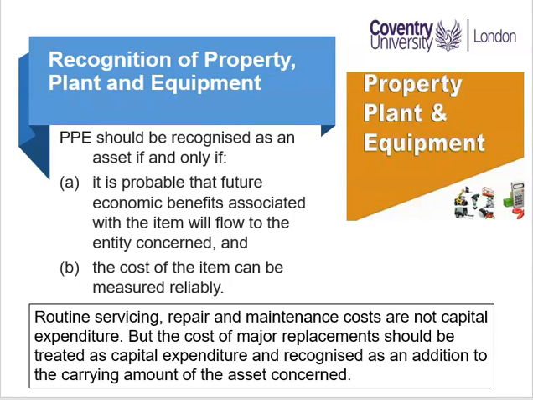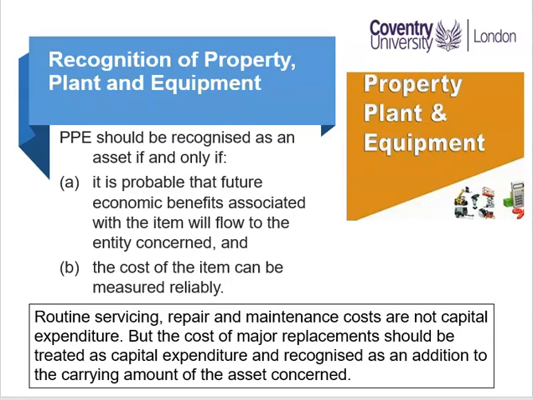Now that we have covered the definition of property, plant, and equipment, let us look at the recognition of them. Property, plant, and equipment should be recognized as an asset if and only if it is probable that future economic benefits associated with the item will flow to the entity concerned, and the cost of the item can be measured reliably.